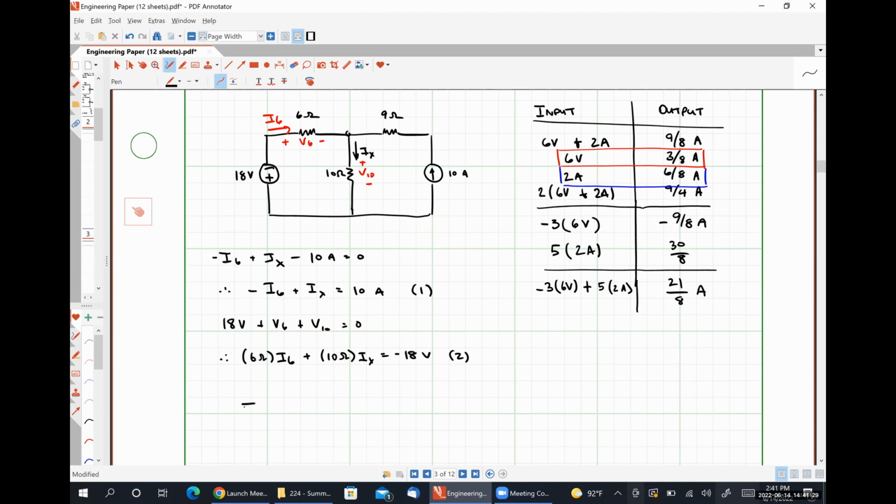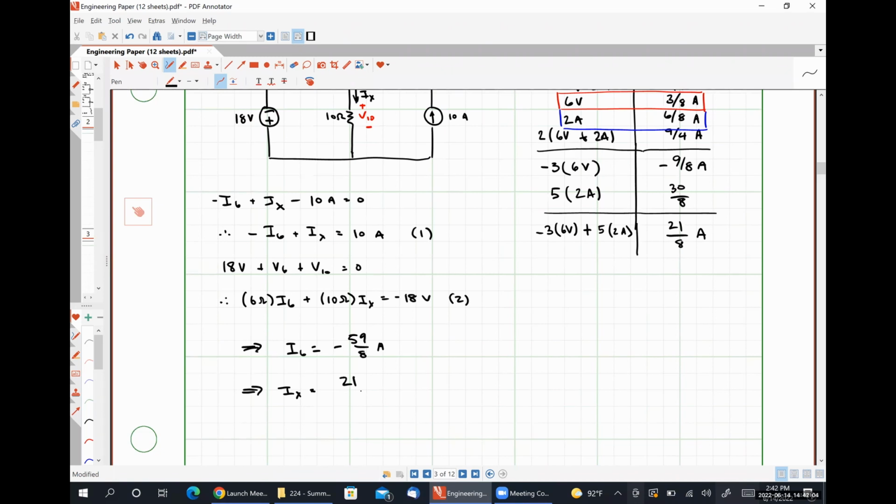If I solve these simultaneously, I find that I6 will have a value and IX will have a value. I'm just going to throw this in my calculator real quick. So I get I6 to be negative 59 over 8 amps and IX to be positive 21 over 8 amps. Exactly what we had predicted based on the results of our previous circuit analysis.